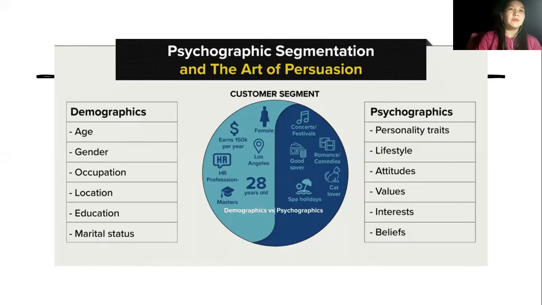Pero sa psychographics, yung personality traits, lifestyle, attitude, values, interests, or beliefs. So, pwede siya kasi sa if you can remember yung consumer behavior and psychological processes. So ito, concerts, festivals, good savor, romance, comedies, cat lover, spa holidays, ganyan.